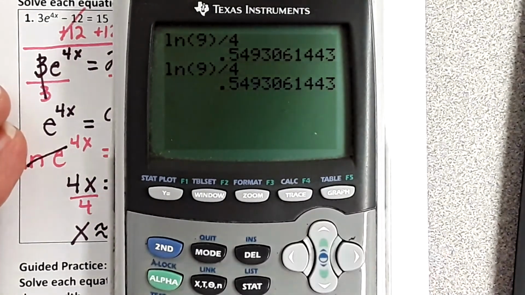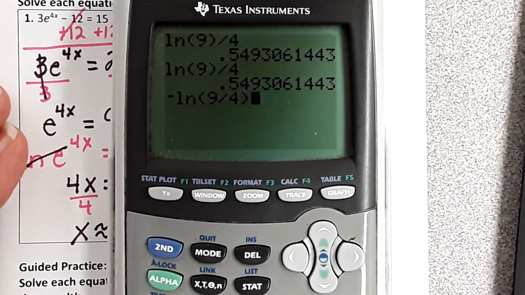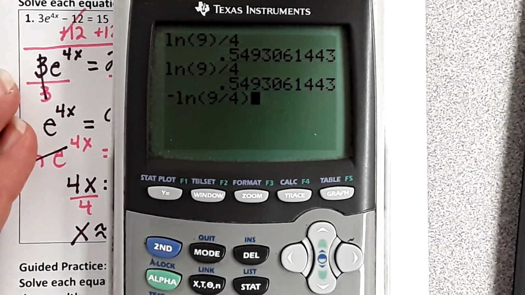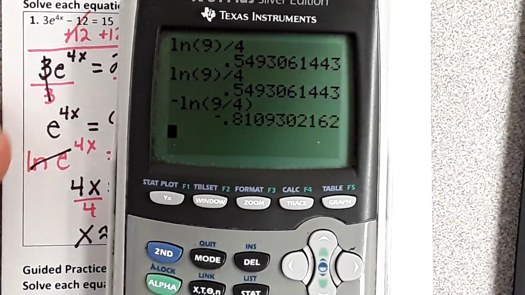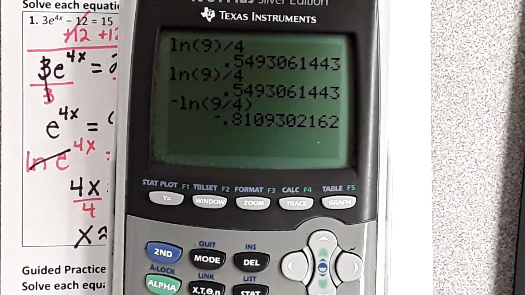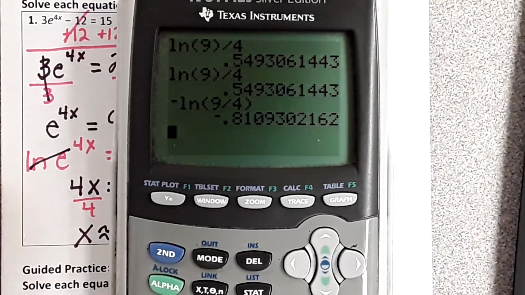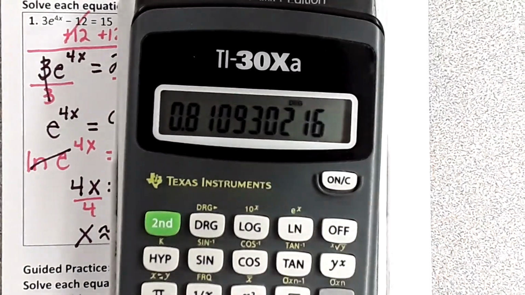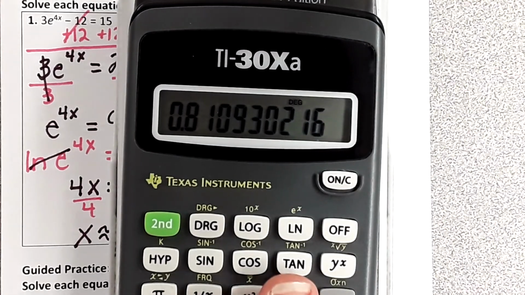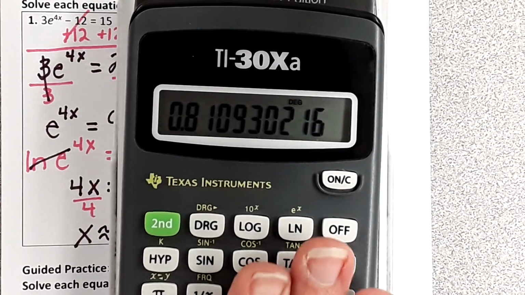On this one, you can do negative ln of 9 divided by 4. Just make sure you use parentheses. Are there questions about how to use this calculator? Do you want me to go over that one again, or do you feel confident in this one?